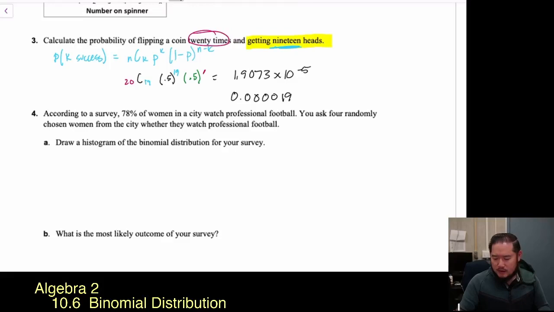If you see this number, that's not even close to 1. It's way less than 1. You hardly have a 1% chance of flipping 19 heads in a row. You could try it out yourself, but remember, each and every time it's random. Each time you flip a coin, you only have a 50% chance of success. So the chances of that happening are not very high.